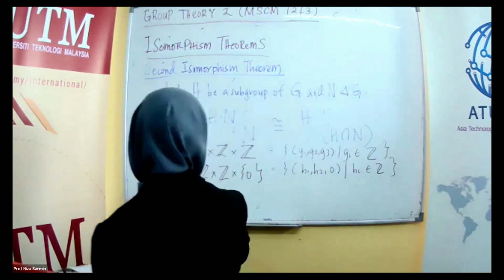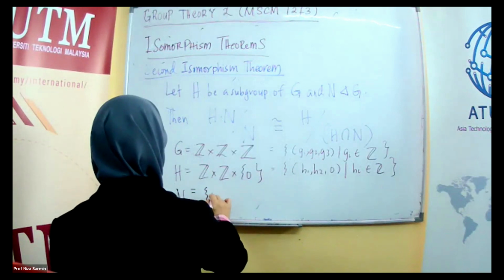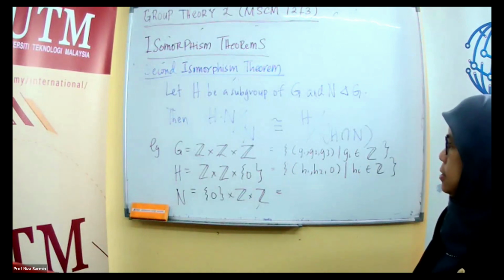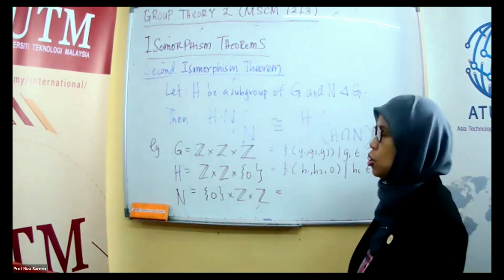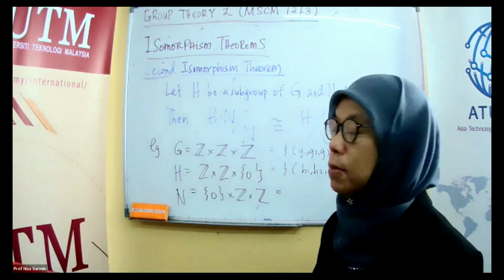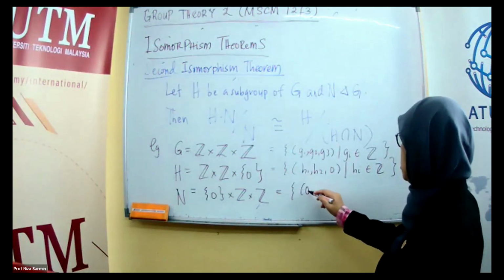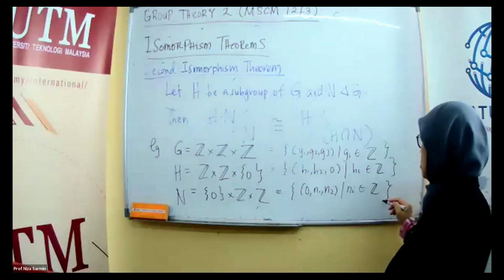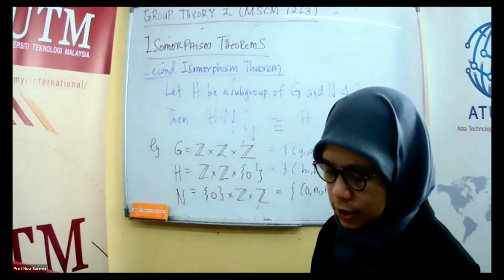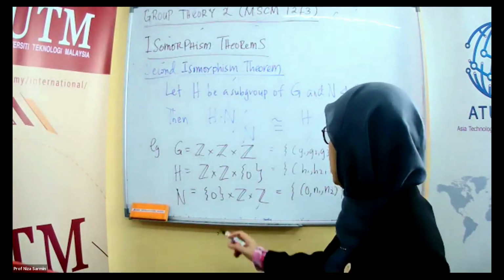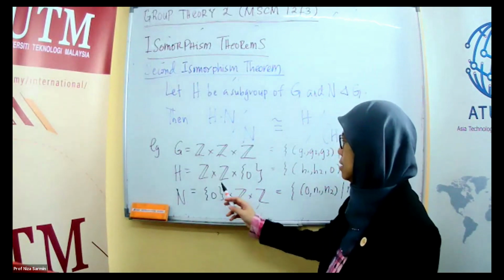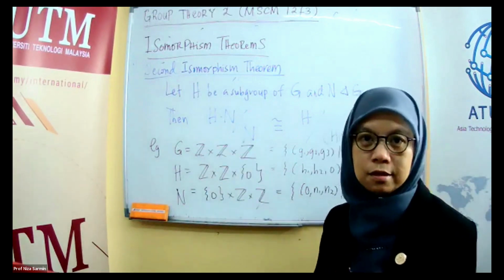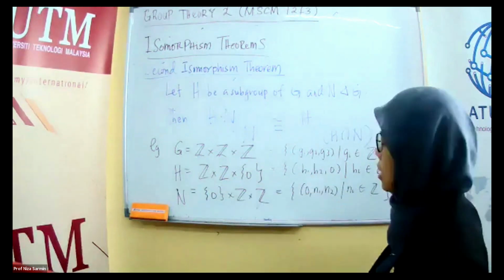And N, I let N to be this. These are all abelian, so it's normal. So this is 0 and 1 and 2. Okay, so in this case, if you multiply H by N, then it is G. Because of how I write this.